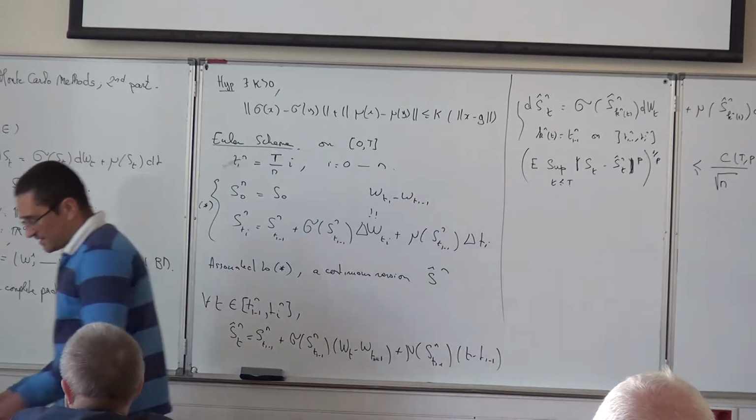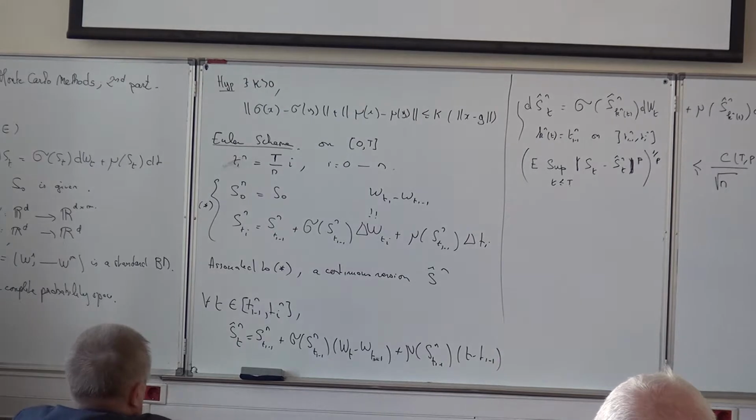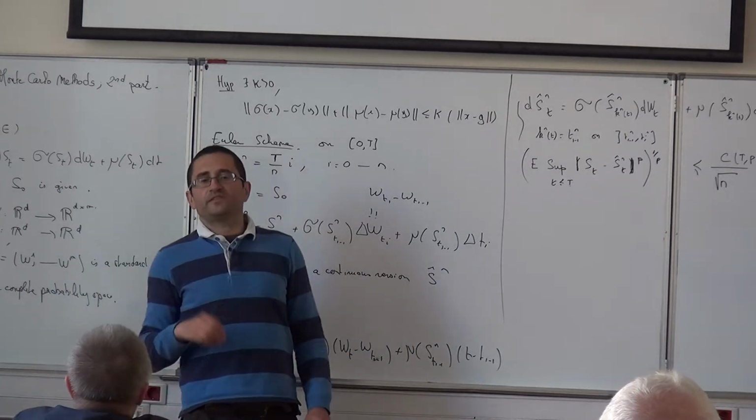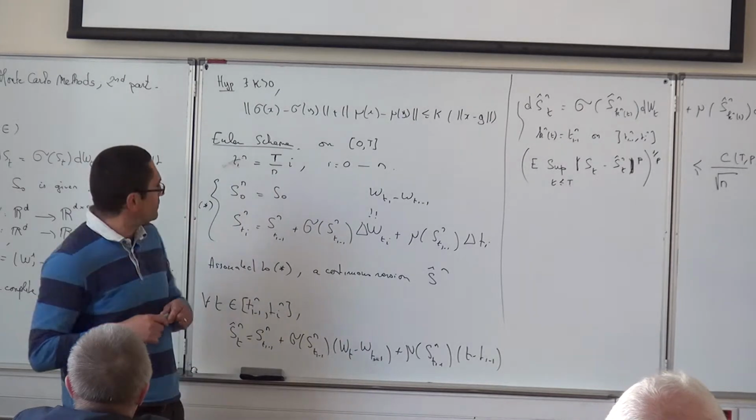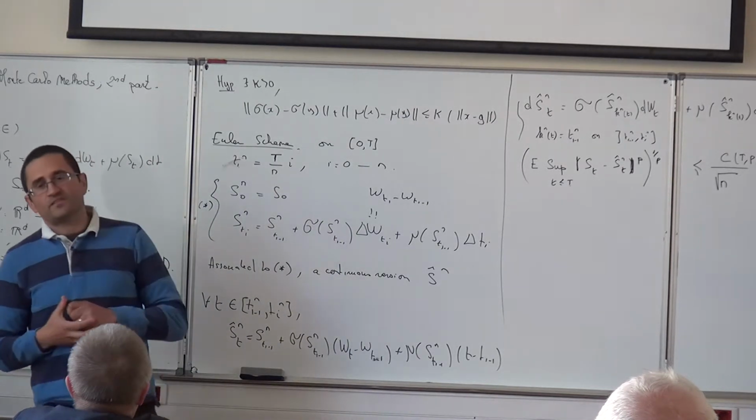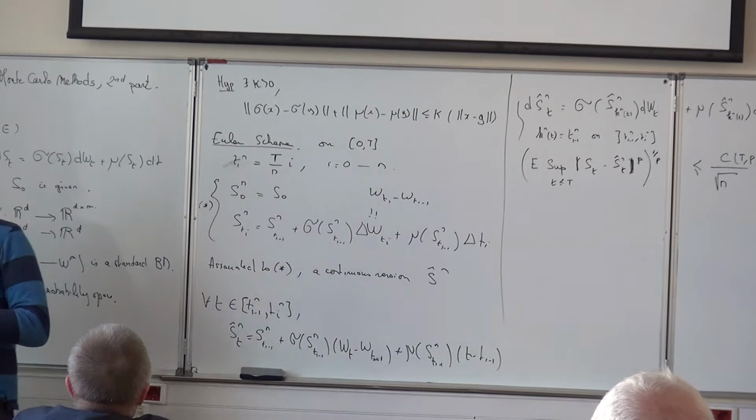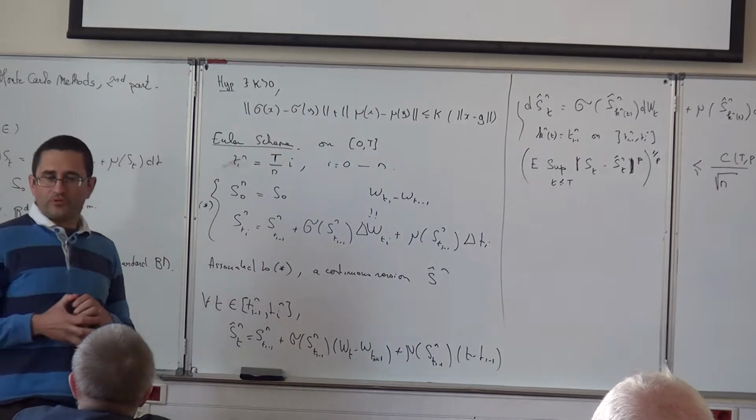Today I want to talk a little about the Milshtein scheme, and afterwards I'm going to talk about an application of this result, because we have already seen last time applications of these Monte Carlo methods, that is how to deduce the pricing of European claims.